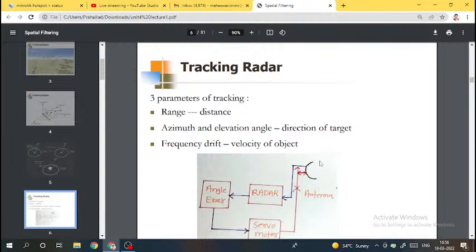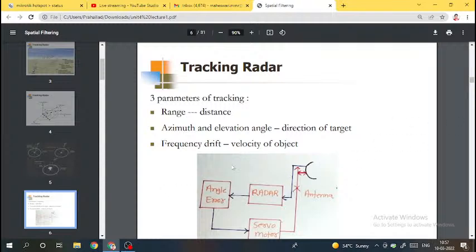The difference between the beam axis, that is the radiation pattern beam axis, and the target axis is the angle error. You have to find the angle error and use the servo motor to mechanically steer the antenna so that the target axis and the beam axis coincide.